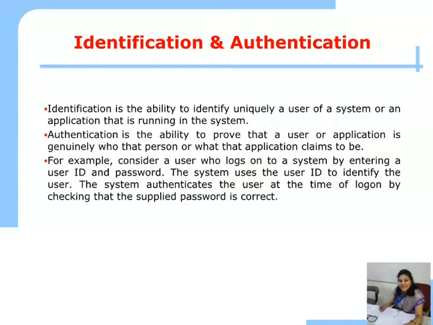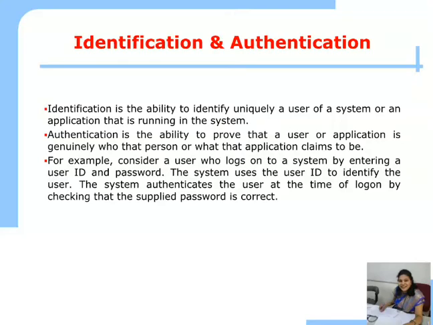So let us start with the first point, identification and authentication. Identification is the ability to uniquely identify the user of the system or application that is running in the system. Authentication is the ability to prove that the user or the application is genuinely who that person or what the application claims to be.